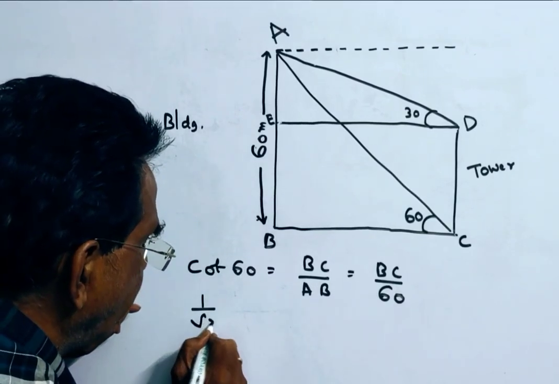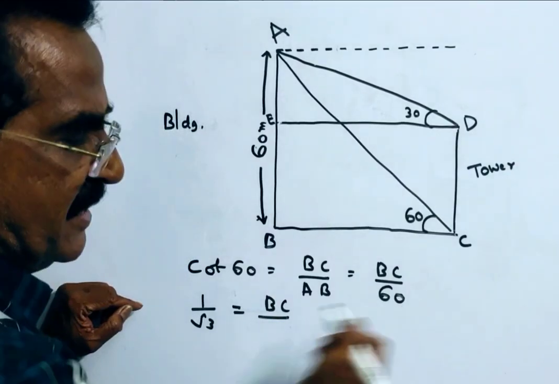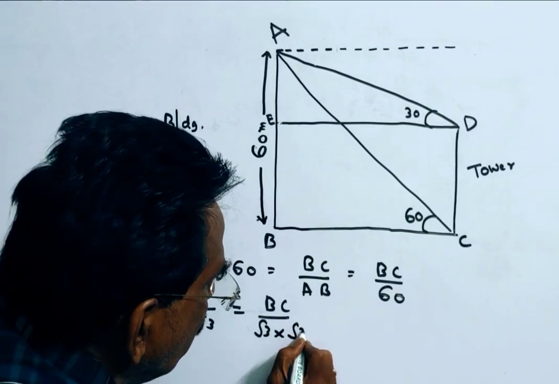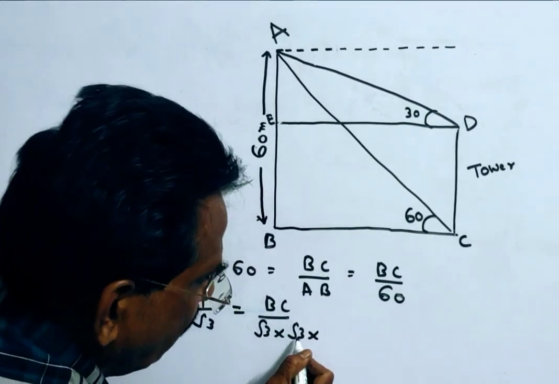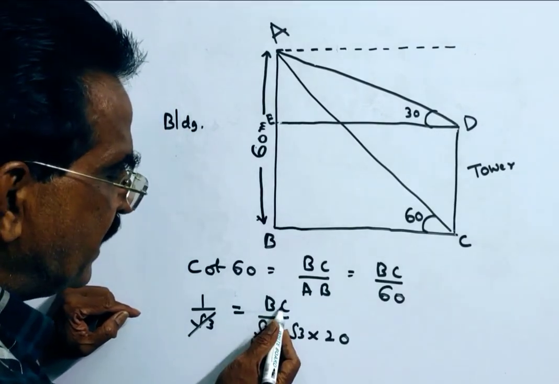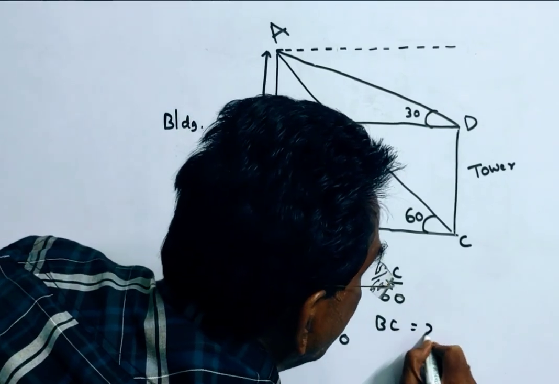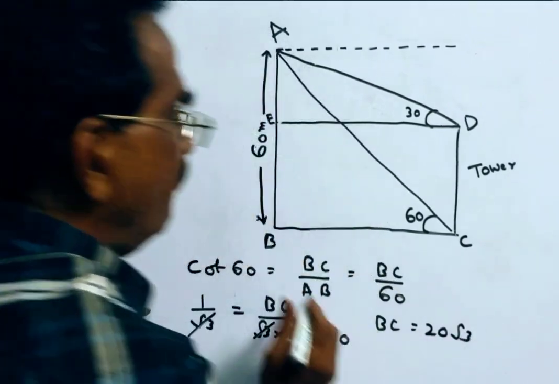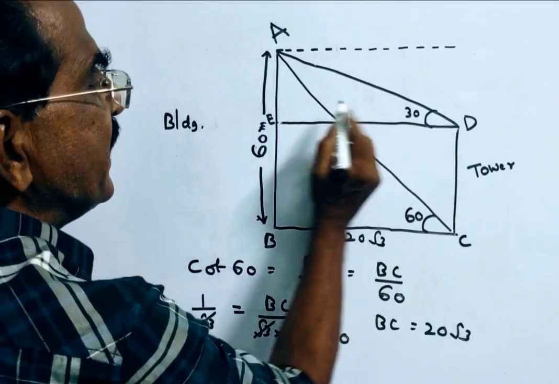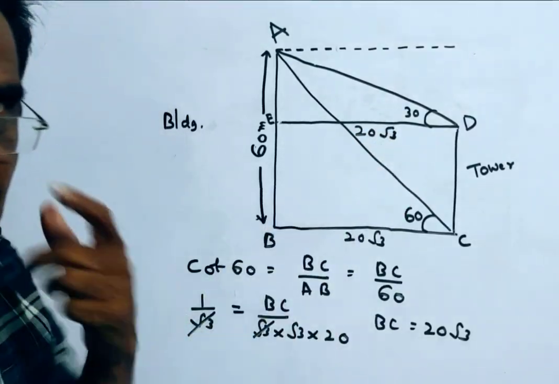Root 3 is equal to BC by 60, which means BC is equal to 60 by root 3, which is root 3 into root 3 into 20, so one root 3 gets cancelled. BC is equal to 20 root 3, friends. BC is equal to 20 root 3 implies ED is also 20 root 3.